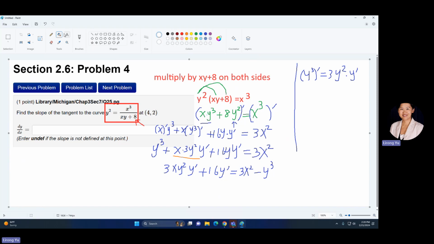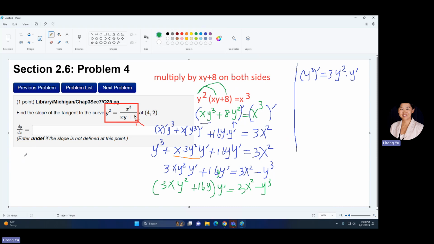We're almost done, and what we're going to do last is factor out the y prime. So you have 3xy squared plus 16y, multiplied by y prime, which equals 3x squared minus y cubed.